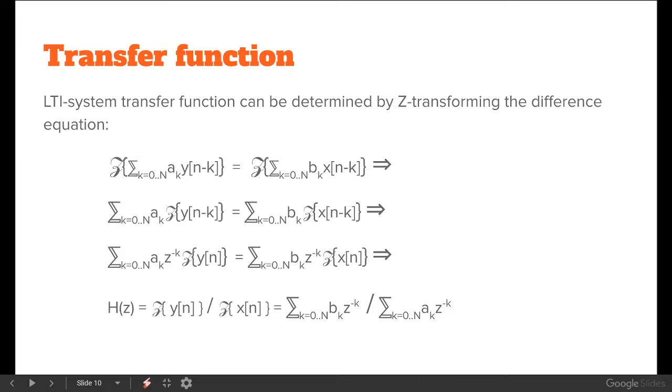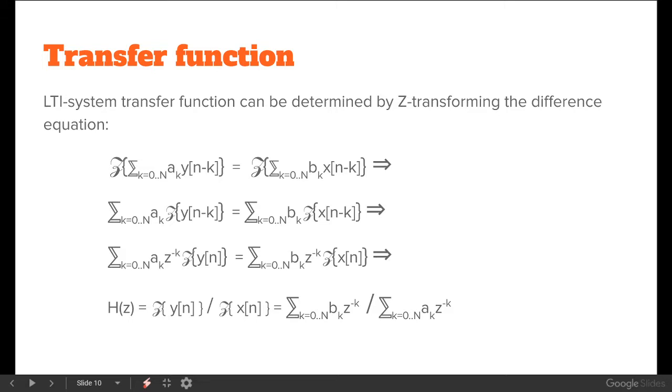So that one goes out. I'll take the other one already here. Sorry, not x, y. Well, x[n-k], no, any minus k. I take it out. It's basically times sum b_k times z to minus k.